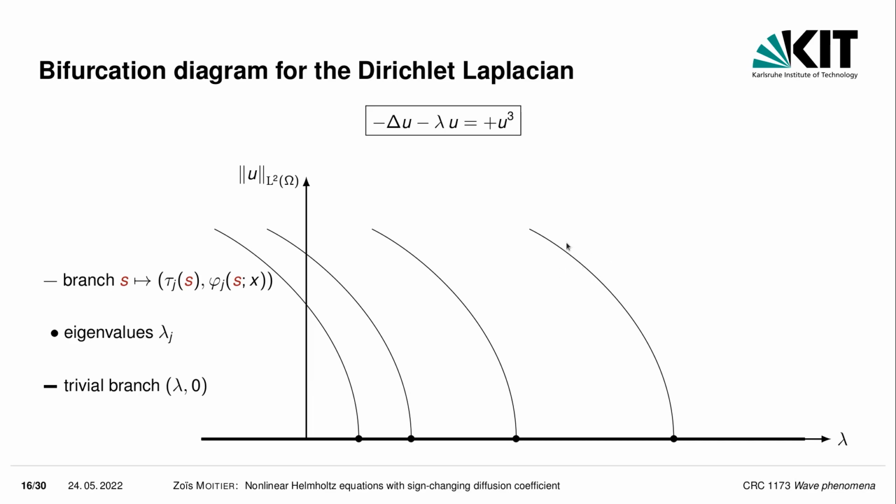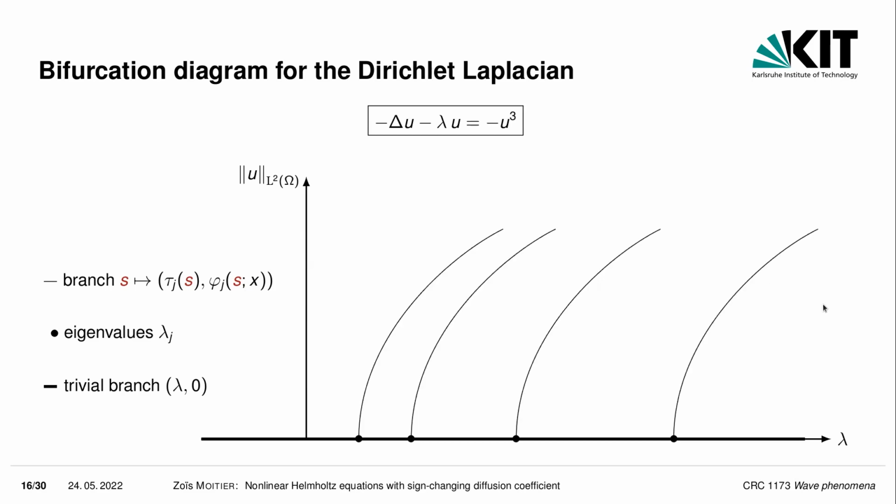And another thing is that in this representation, one line can cross another line, but that does not mean that they really cross in the space R times H10. It just means that they might have the same norm. So you need to be careful when looking at this type of diagram.